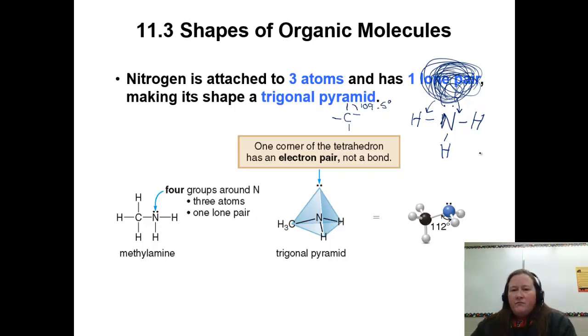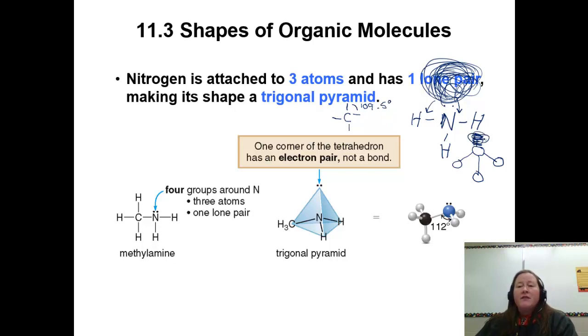So this structure, if it was a tetrahedron like this, the bond angle would be 109.5, but it's not.